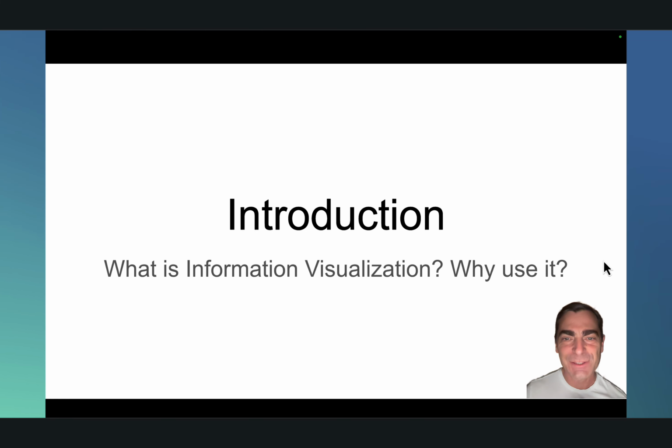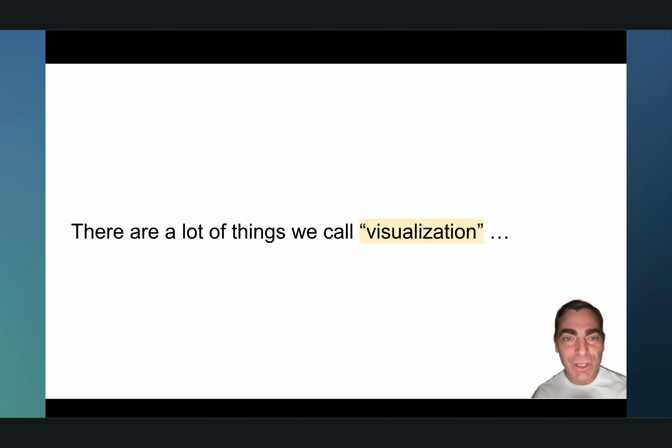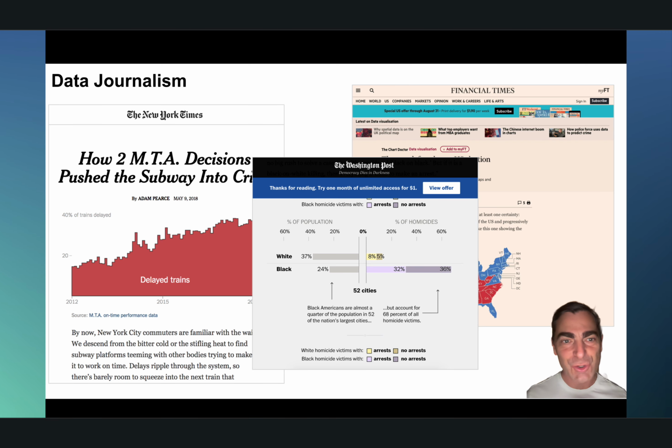Welcome. In this introduction, we're going to cover the important questions: what is information visualization and why use it? There are lots of things out there that we call visualization. For instance, in journalism, it's very common to have interactive charts that journalists use to present some information.